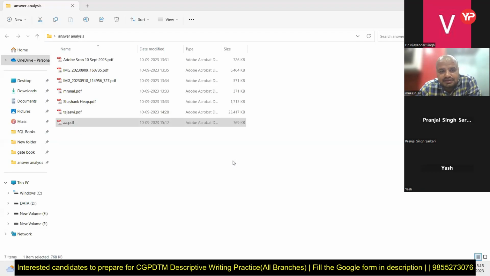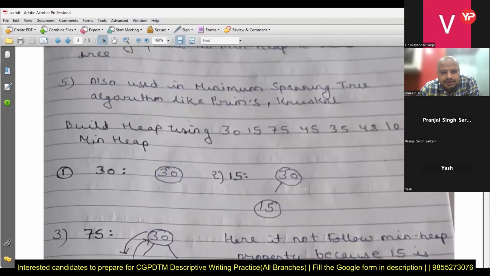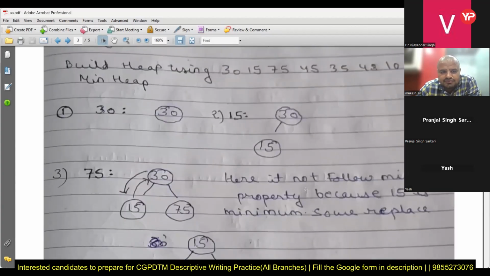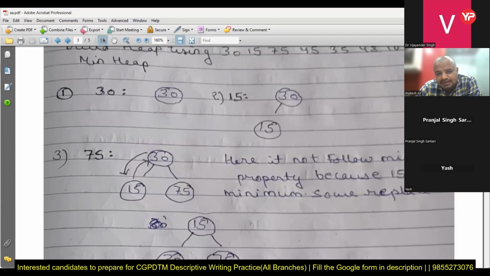So building heap. Wait a minute. So if you start with your prompt, build heap using 30, now 50 is not properly connected, then you are making a min heap.